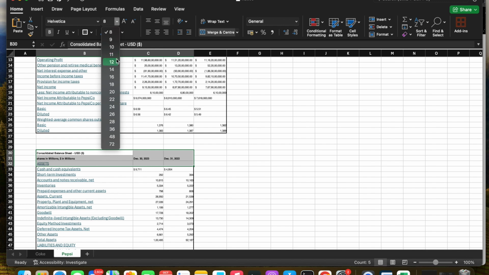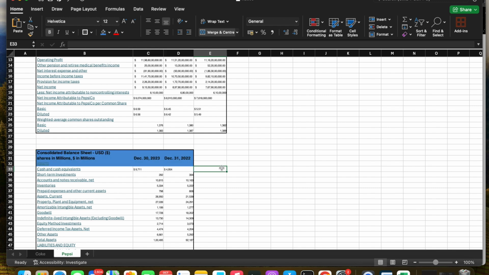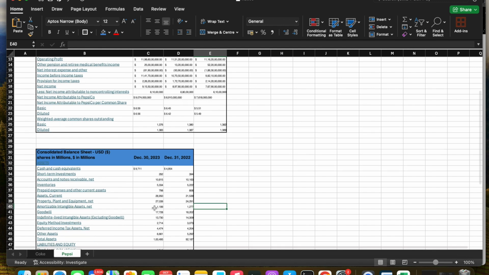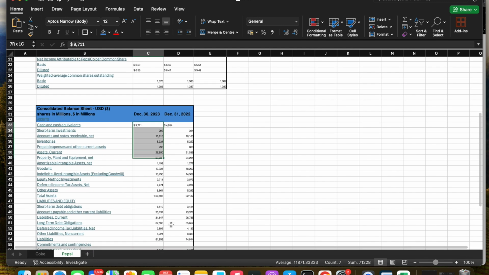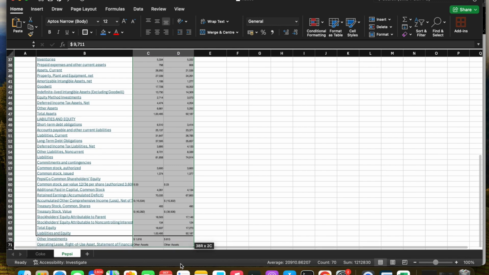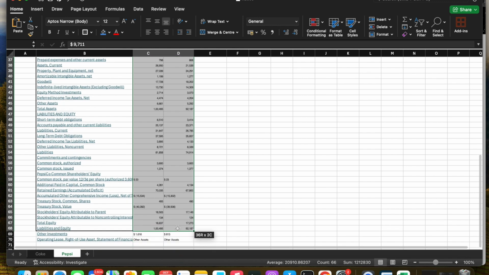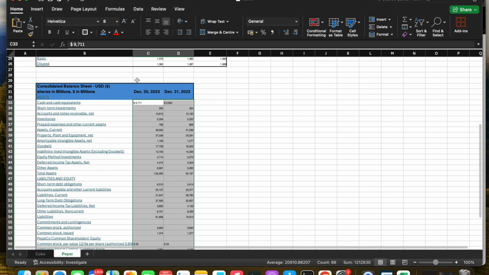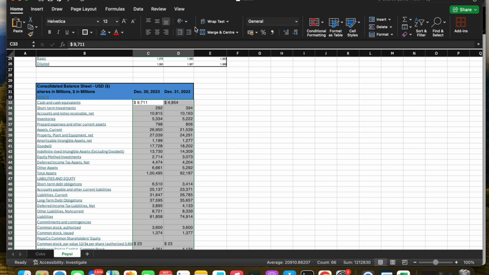Before that, change the font, just make it 12, and make it color coded. So I'm going to sort out the cells, make it 12 and change it to the currency USD.